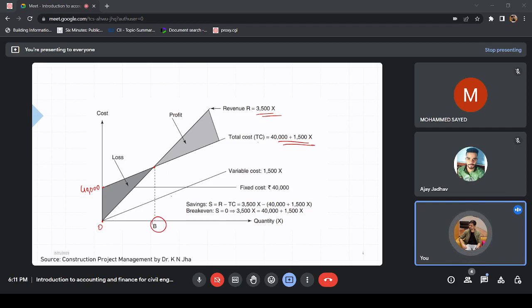This gives us our break-even point. We have quantity on the x-axis. If you are in this region 0 to B, you will be making some loss. If you have more than B, you will be gaining profit. Now this graph is fairly linear. My question to you is, can there be curves in this case?